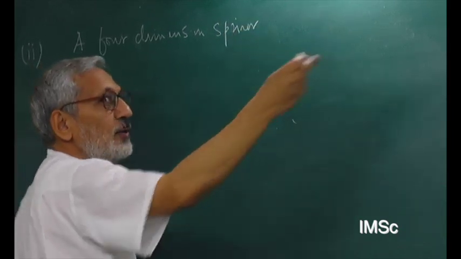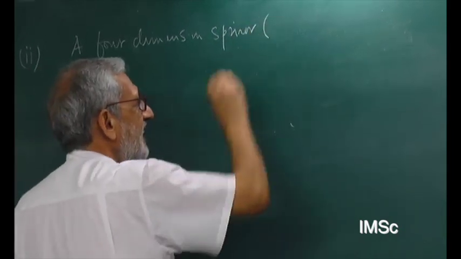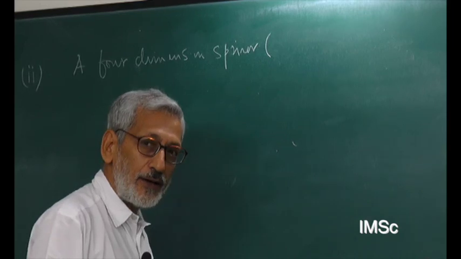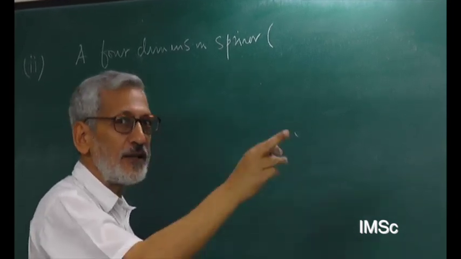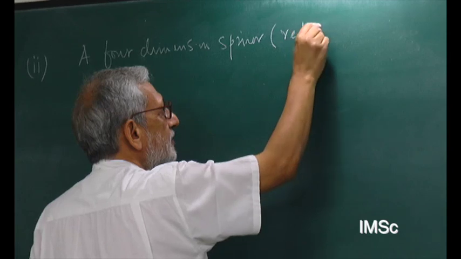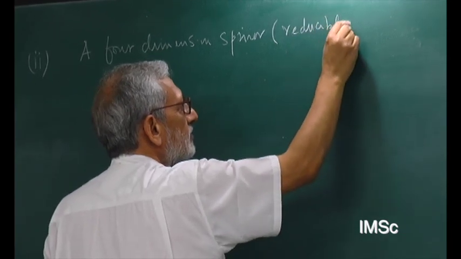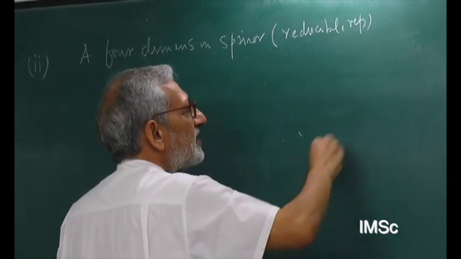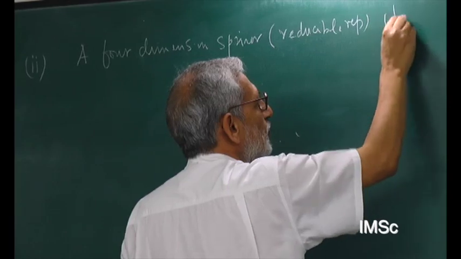These were 2-dimensional spinor representations, which are irreducible representations. This is a reducible representation, and it is given by the sum of these two representations.